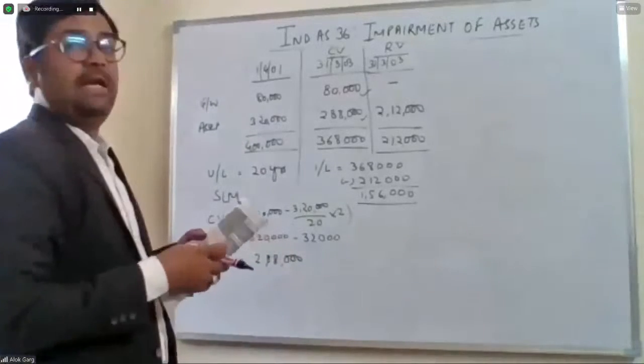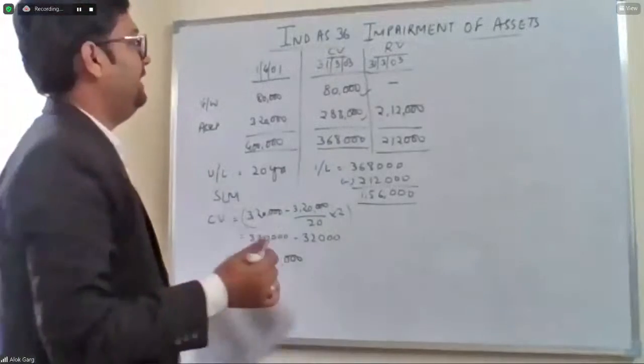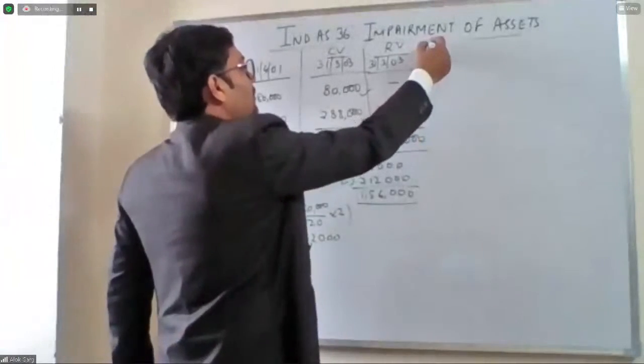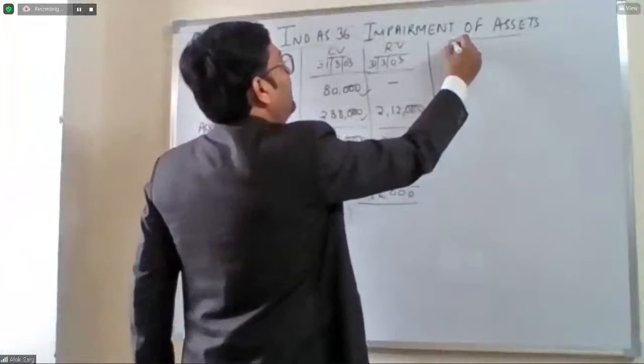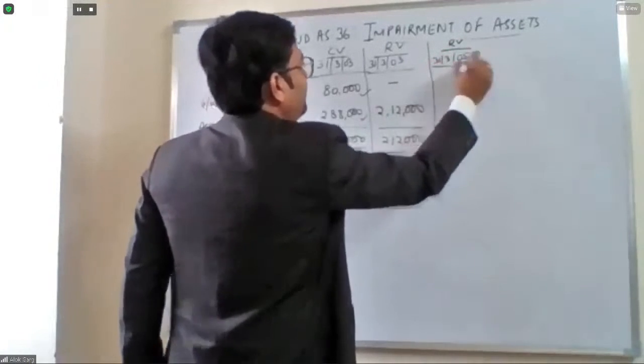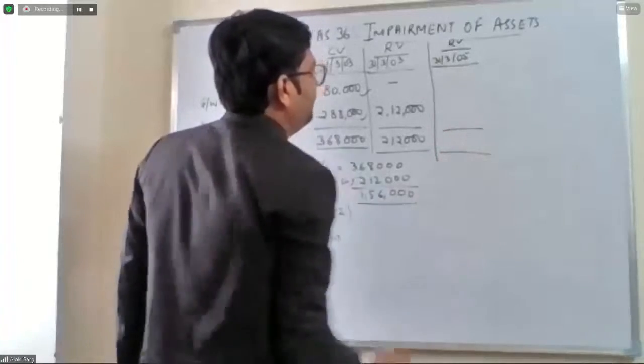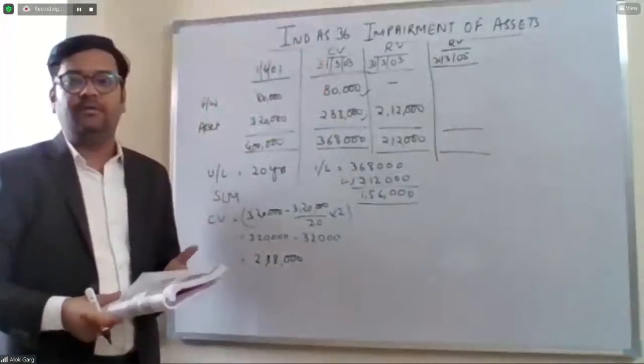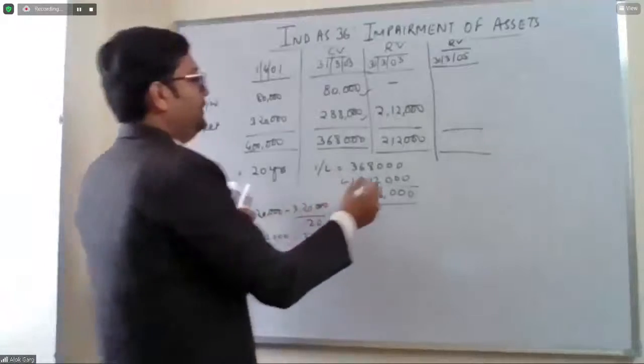Now what happened on 31st March 2005? What was the recoverable value on 31st March 2005? What is the fair value less cost to sell on this date?